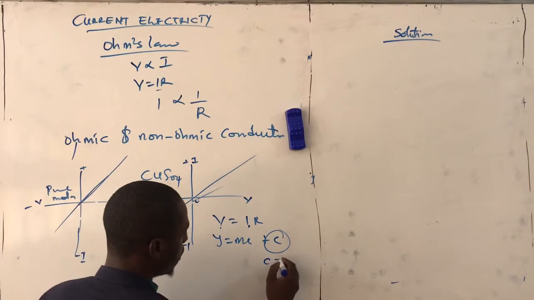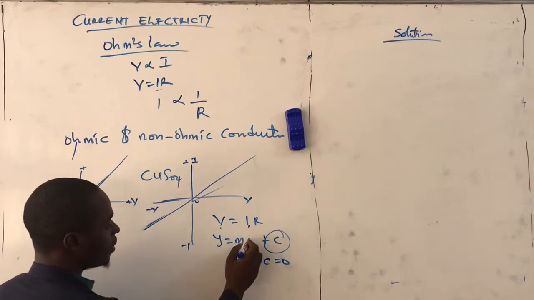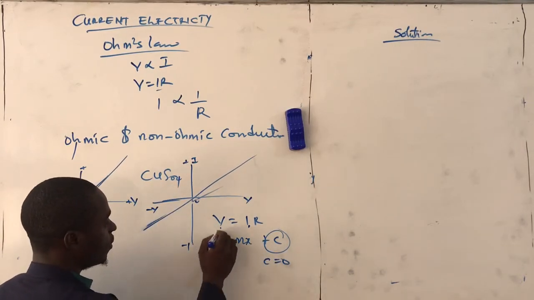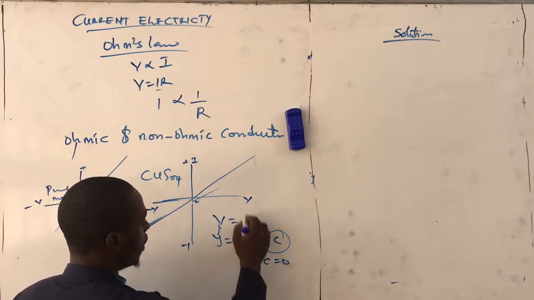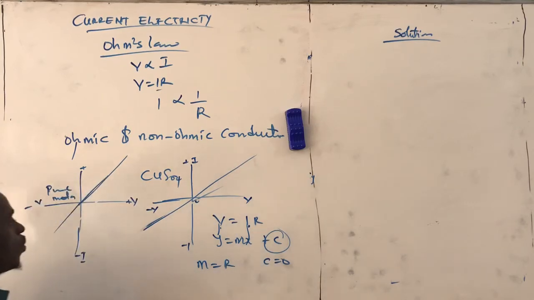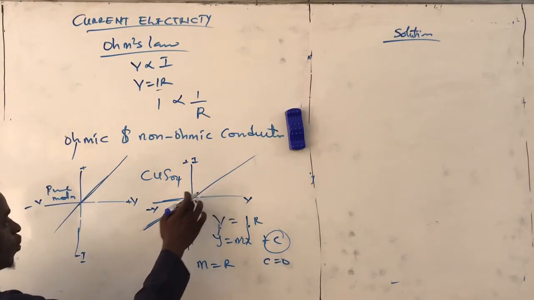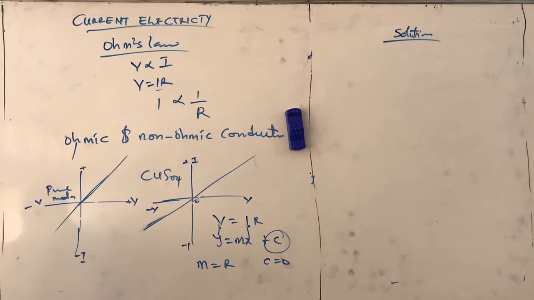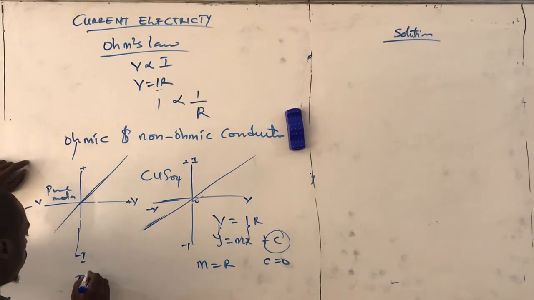In this case, C is equal to 0, and this is our Y, and this is our X. It means that our m is equal to R. So if you look at this graph, you see that this obeys Ohm's law. Then we call this ohmic conductor.